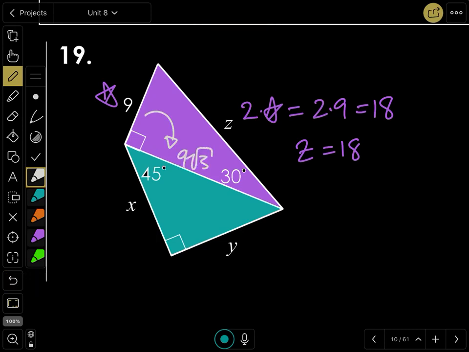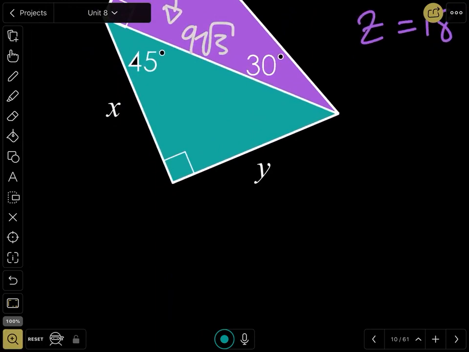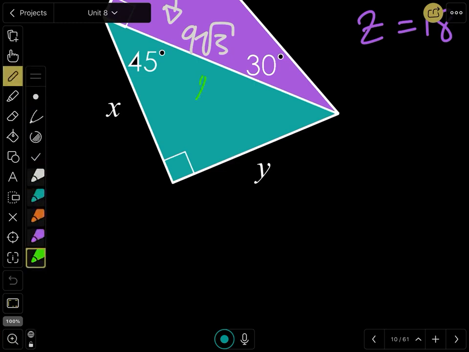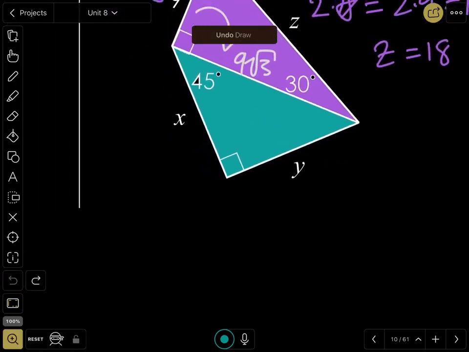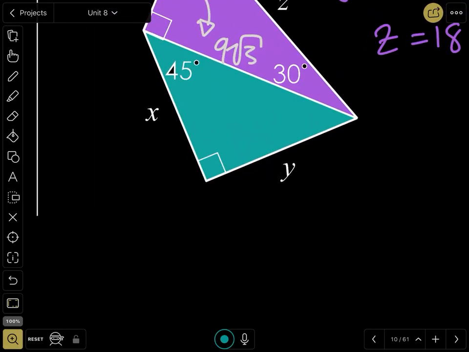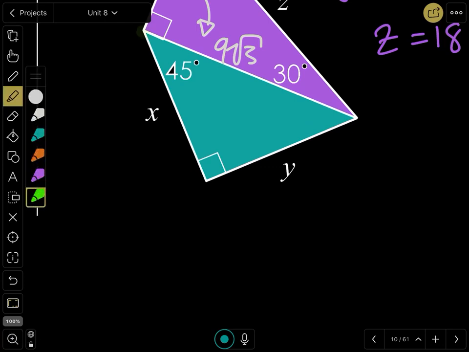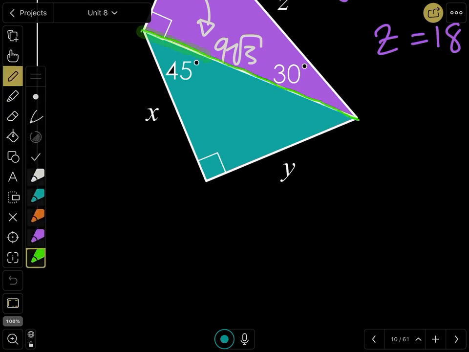And now let's take a look just at our 45, 45, 90 triangle. We know that we're going to have an issue because typically this is going to be star times the square root of 2, right? But we have star times the square root of 3. So in green here, we multiply our green star value by the square root of 2.